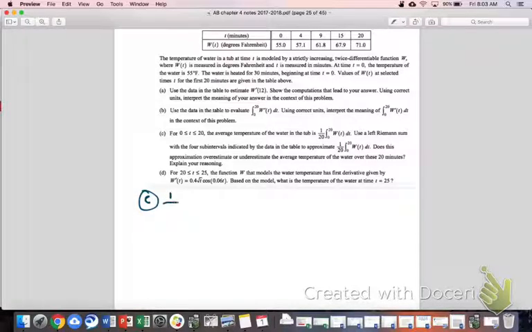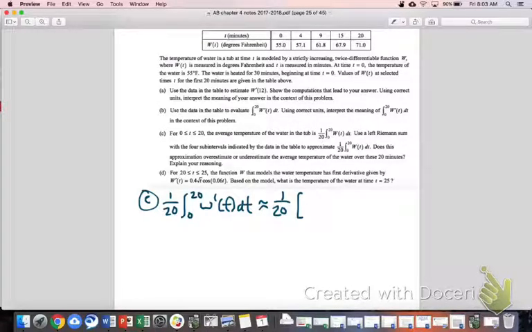I would go 1/20th times the integral from 0 to 20 of w prime is approximately equal to, and I always really focus on the 1/20th because that's the thing I know that I'm going to forget. So I'm going to go 1/20th, and then let's see here.